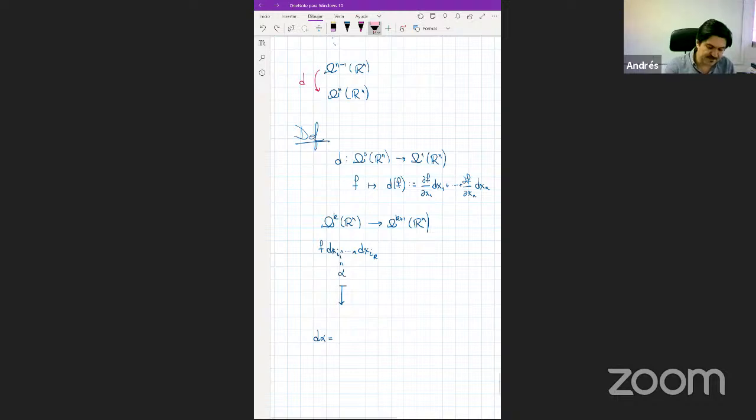So the definition of this is basically, okay, what we had before. Right? And you can expand it if you want.